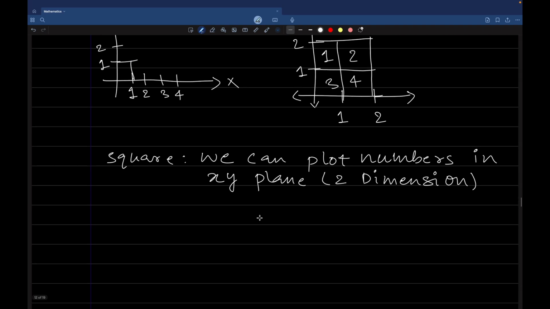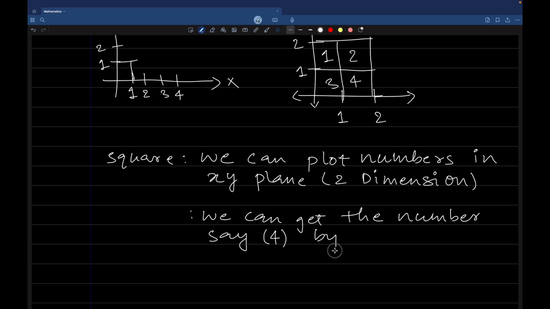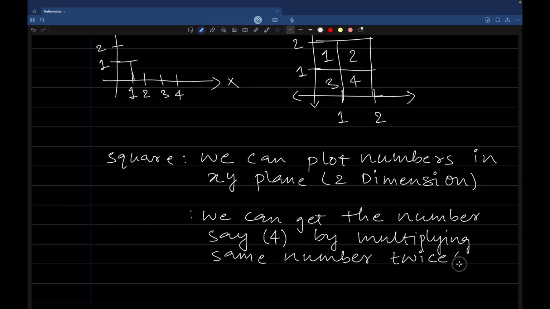Or we can say we can get the number, say x, let us say for example 4, by multiplying the same number twice. That is 2 into 2. 2 into 2 is 4.